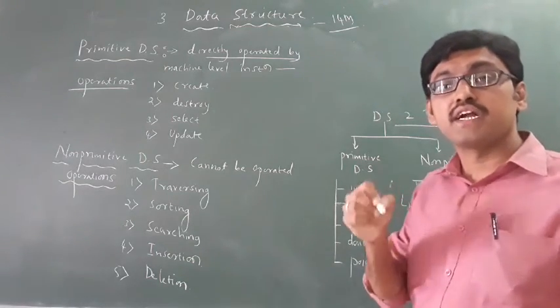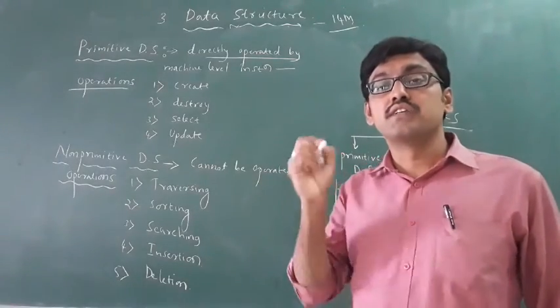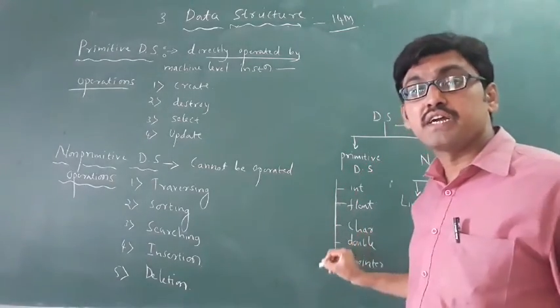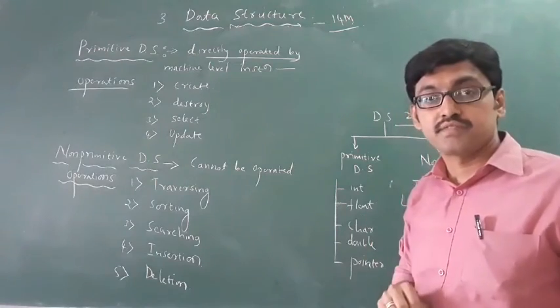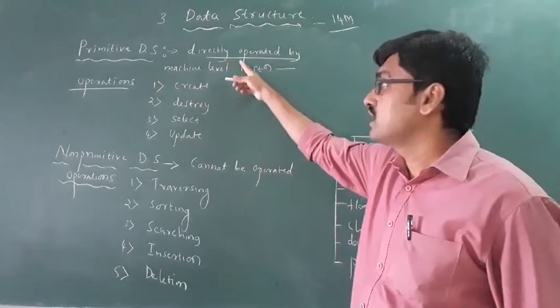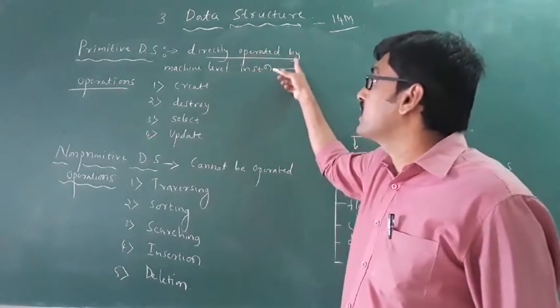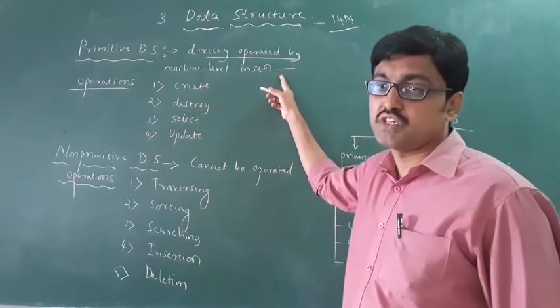These can be understood by the machine, by the computer, by the compiler. That is called primitive data structure. That's why in technical terms it is called directly operated by machine level instructions.